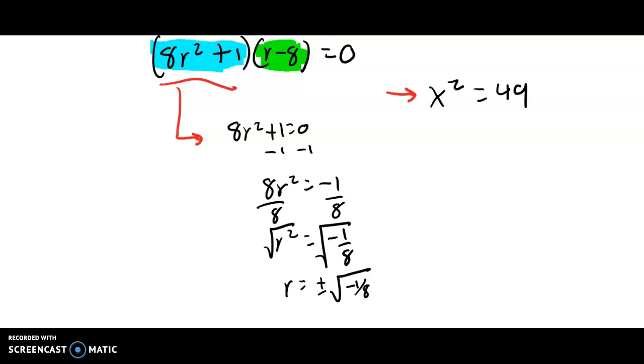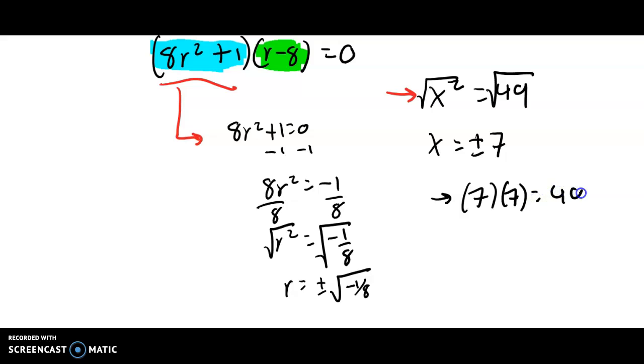I'm going to do that by taking the square root of each side. x squared becomes x, and 49 becomes 7. But it actually becomes plus or minus 7. This is because positive 7 times positive 7 equals 49, as does negative 7 times negative 7 also equals positive 49. So we have two ways to get to positive 49. That is why we have a plus or minus whenever we square root both sides.